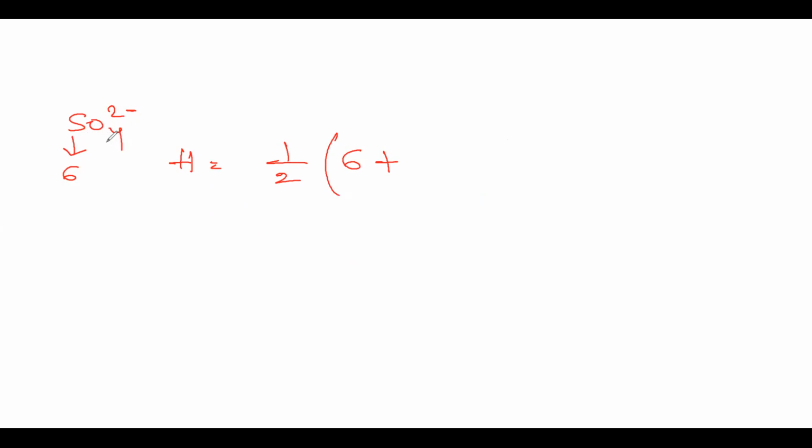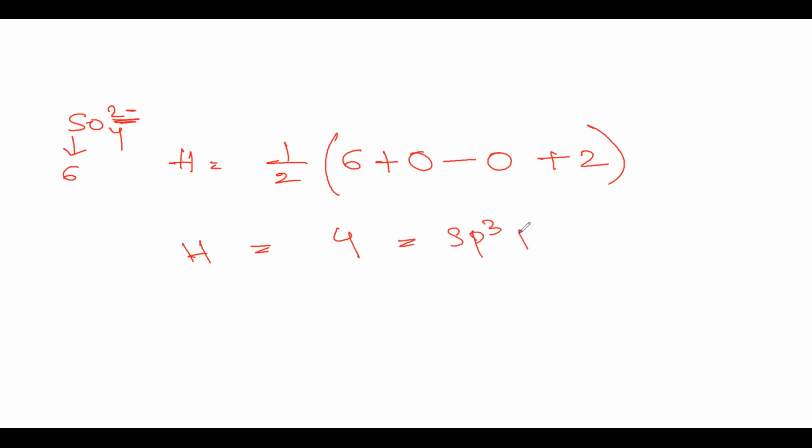Minus 0, because there is no cation, no positive charge. How many anions? 2 anions, so plus 2. So 6 plus 2 is 8, by 2, equal to 4. 4 means sp3 hybridization.